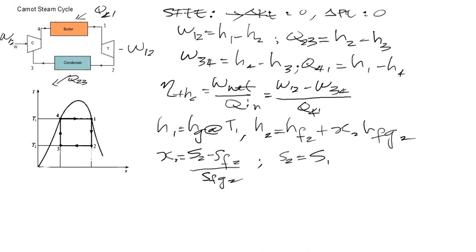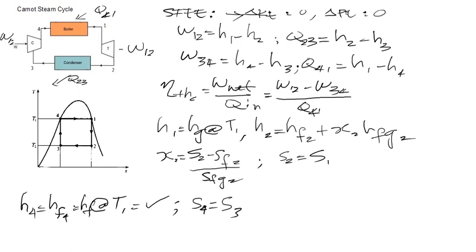And then for the value of H3, we should get first the H4. The H4 is equal to the HF4, okay, which is the HF at the given temperature of T1. And at the same time, we could get our value of S4, which is equal to the S3.